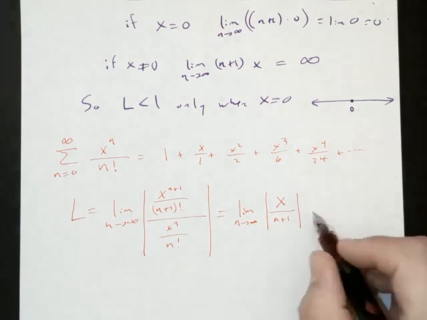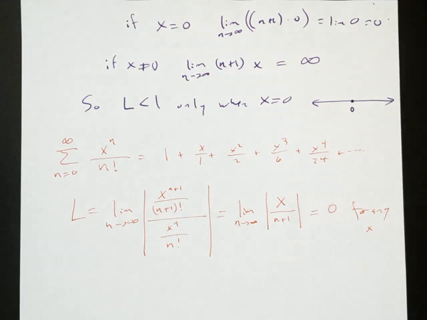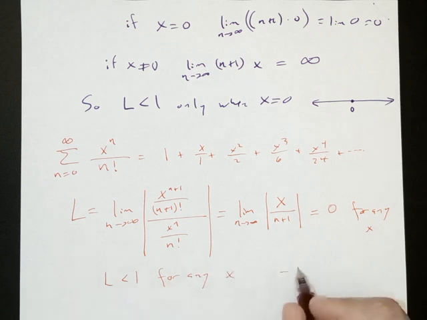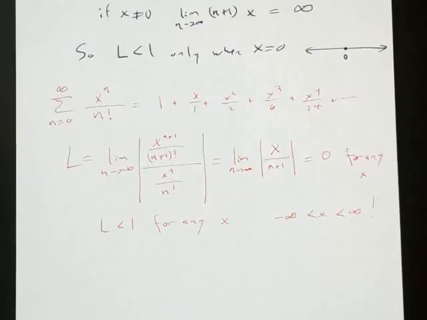No matter what. Where does this converge? That's always less than 1. This particular series converges everywhere for all possible x's.